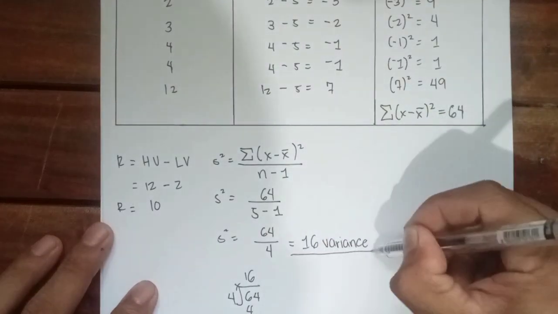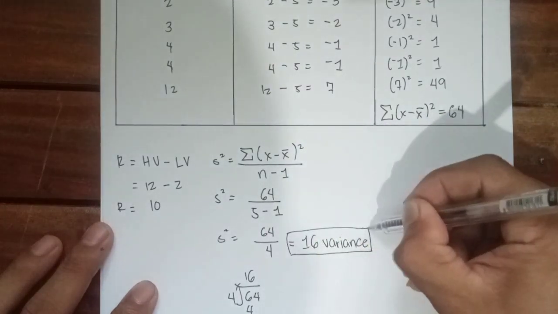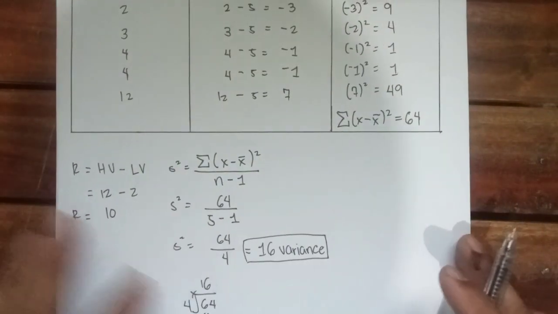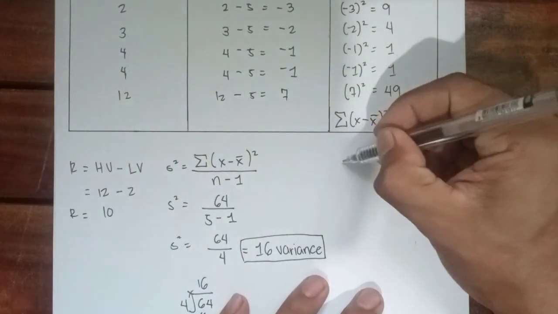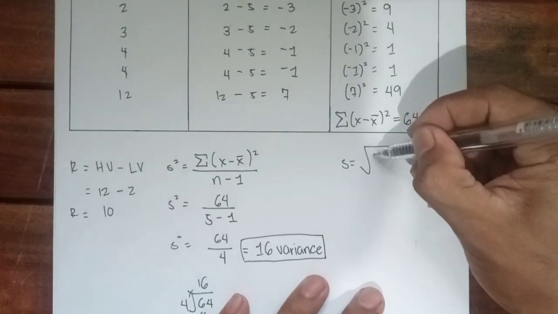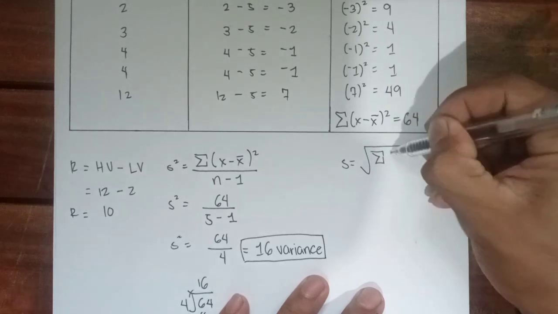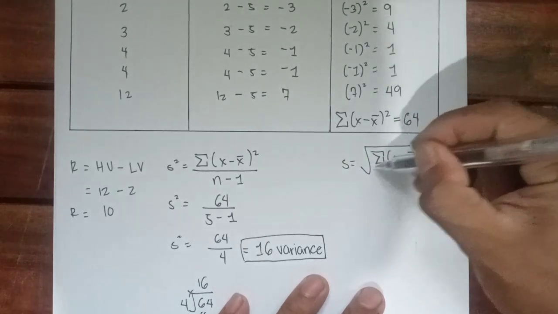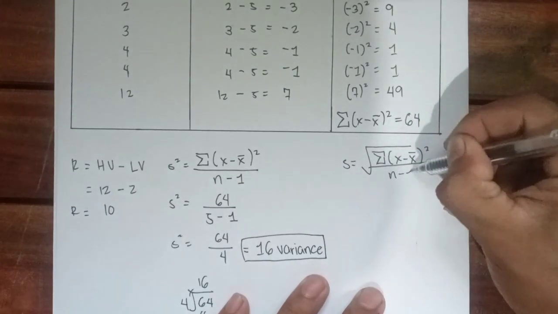16 po. So, ang kukunin naman po natin is ang ating standard deviation. So, S is equal to the square root of the summation of the quantity of x minus mean squared over n minus 1.